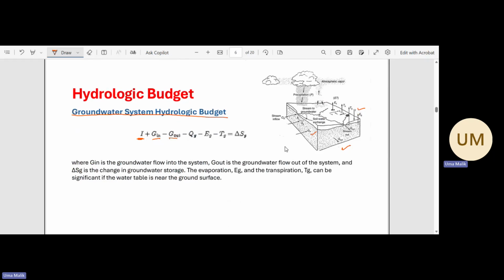So QG is the groundwater flow into the streams, which we saw in the previous equation. That was QG, that's why it is a negative sign. Evaporation from groundwater, transpiration from groundwater, and change in storage in groundwater. So that is your groundwater system.